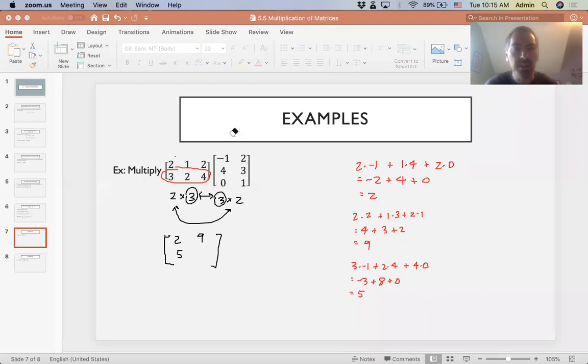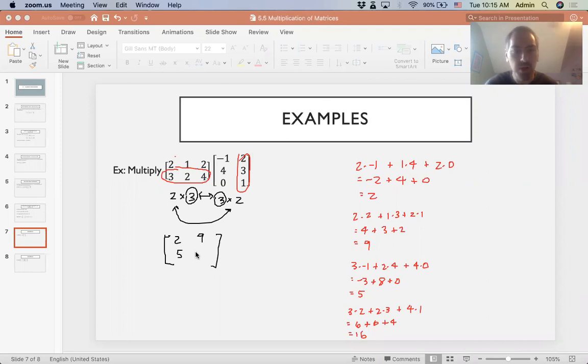And then we'll multiply that second row by the second column. That is 3 times 2 plus 2 times 3 plus 4 times 1. 6 plus 6 plus 4, which is 16.